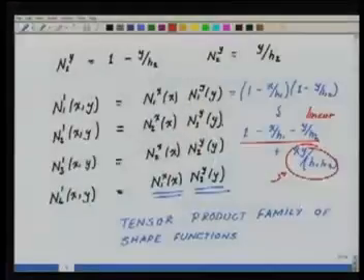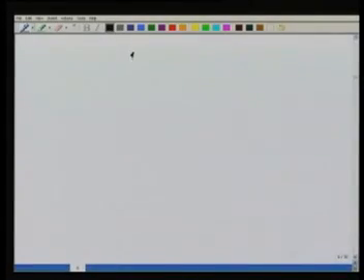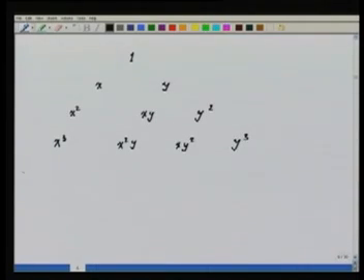So let's go back. We had the Pascal triangle here: 1, x, y, x squared, xy, y squared, x cubed, x squared y, xy squared, y cubed. I will write up to the 4th order: x to the 4th, x cubed y, x squared y squared, xy cubed, y to the 4th.